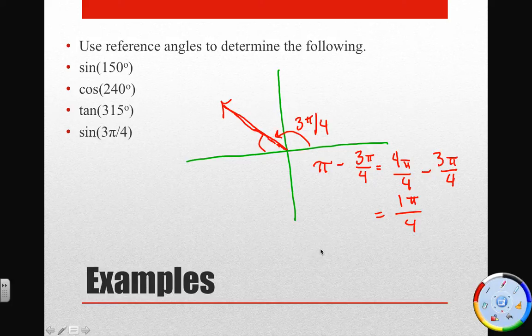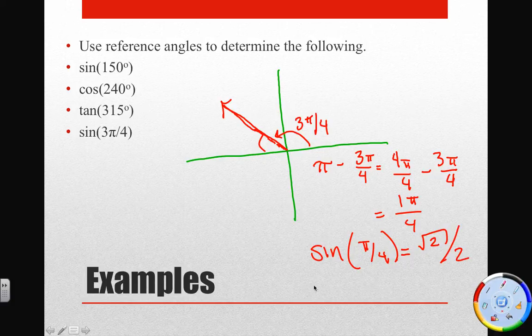Well, sine of pi over 4 is, as we learned the other day, root 2 over 2. Sine in quadrant 2 is positive, and therefore this answer is root 2 over 2. And that's it. That's as easy as it is.